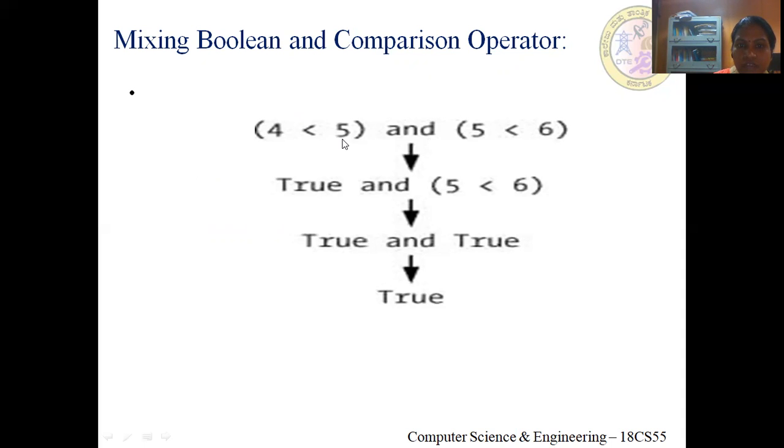Yes, the condition is true, so it will return a Boolean value true, and remains as it is. Then we go to the next parenthesis where we have the expression 5 is less than 6. Yes, this expression is also true, so the Boolean value will be true. So now true and true. We have just studied the truth table of an AND operator. When both the Boolean values are true, it will be evaluated to true. So this expression will be evaluated as the Boolean value true.